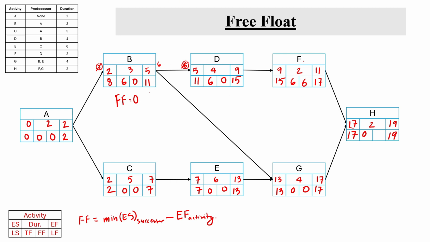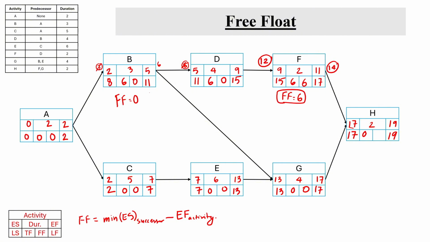So it impacts the early start of the successor. However, if you look at example activity F, it has free float of 6 days. That means it can be delayed up to 6 days and still it is not going to affect the early start of the next activity H. If instead of day 9 it starts at, let's say it got affected by 3 days, then it starts at end of day 12, then it is going to end at 12 plus 2, that is 14, right?